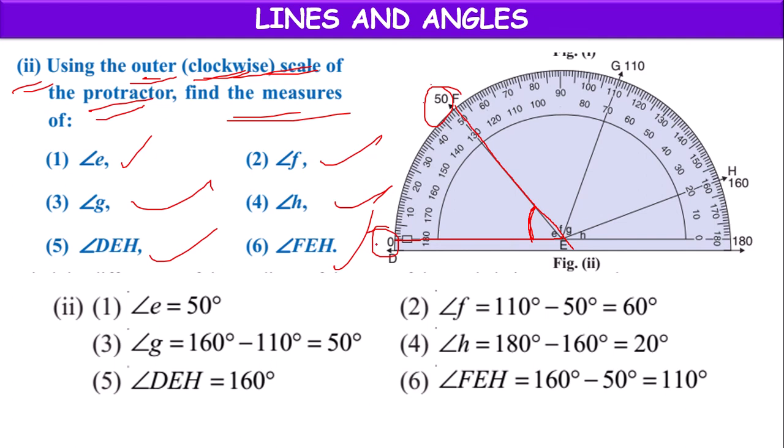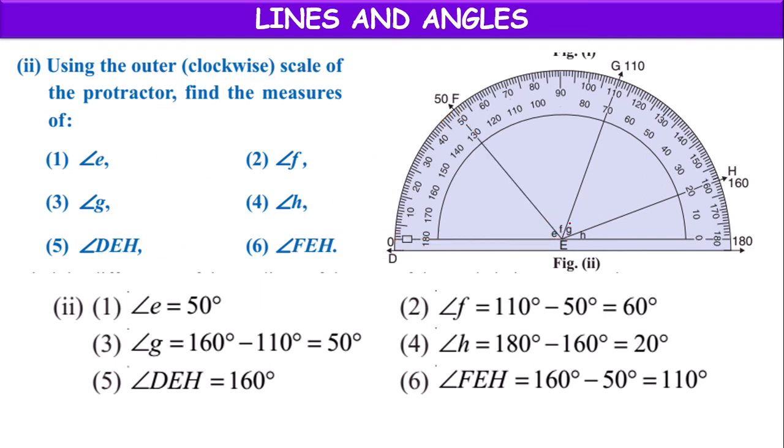So 0 to 50, what is the difference? 50 degrees. Angle F. This is one arm, this is another arm. The outer scale is showing 110 degrees and 50 degrees. 110 minus 50, difference how much?